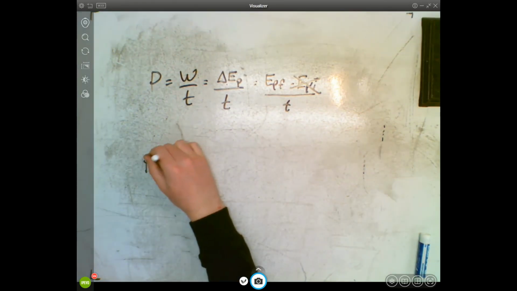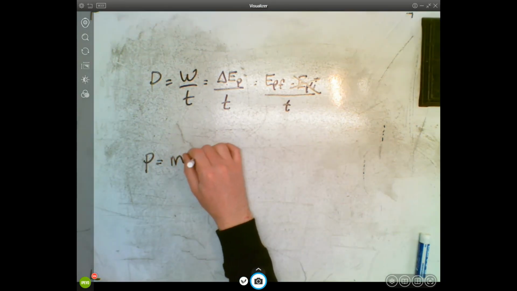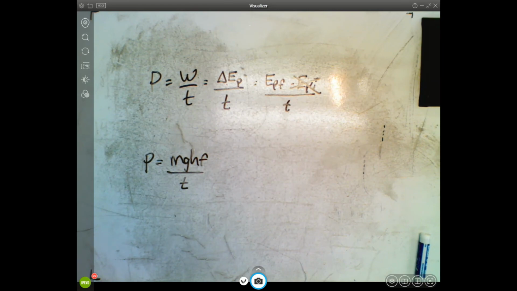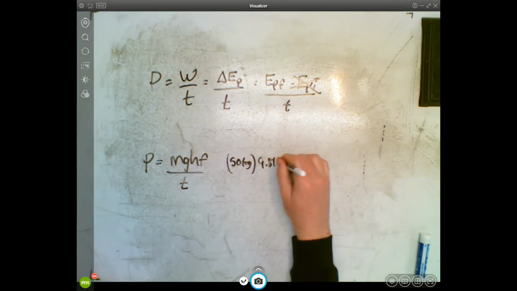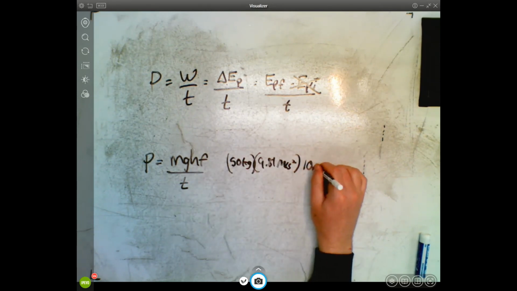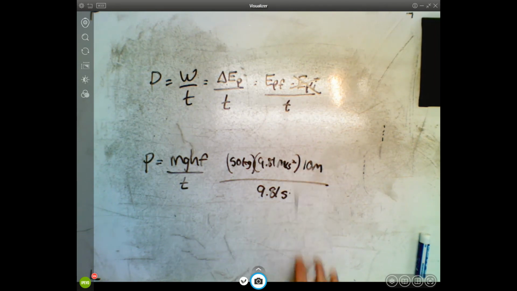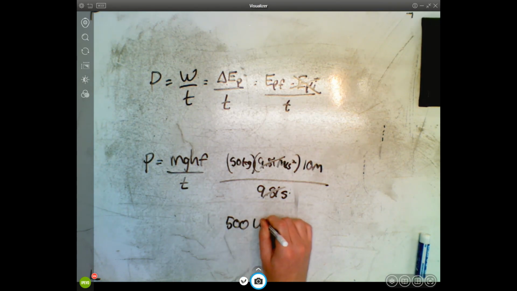So her power is going to be equal to EP final, so mgh final, all divided by our time. She has a mass of 50 kilograms times 9.81 meters per second squared times our final height. She goes 10 meters above the ground, and she does it all in a time of 9.81 seconds. The 9.81s end up canceling out, so the power she exerts is 500 watts.